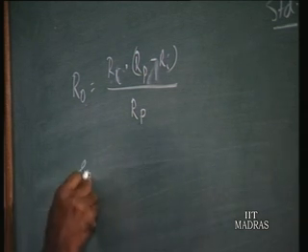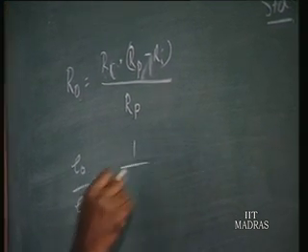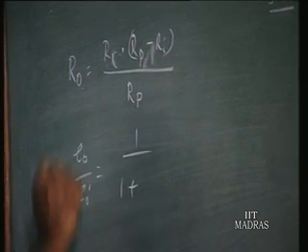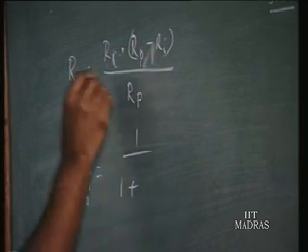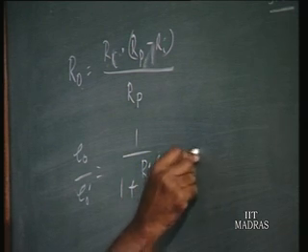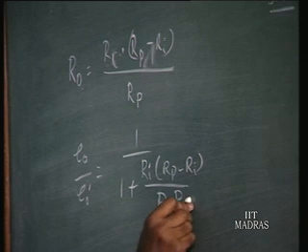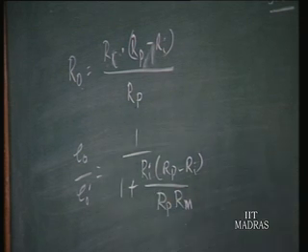So Eo by Eo dash, where Eo dash is the open circuit voltage of the circuit at AB, equals 1 over 1 plus Ro by Rm. So Ro is equal to Ri into Rp minus Ri divided by Rp, and the whole thing is divided by Rm, that is, Rm is our input resistance. So this is our loading effect.